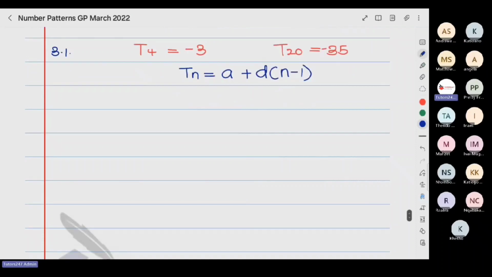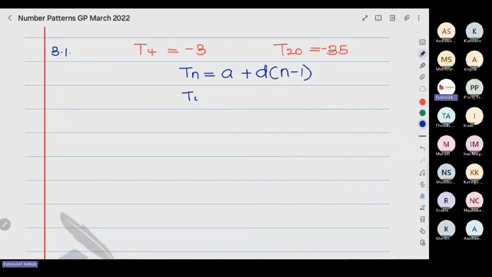So term 4 is equal to A, which is unknown, plus D, which is unknown, into 4 minus 1. Take note that all I've done is substitute n equals 4. From here, I will substitute the value of term 4, which is -3, and we have A plus D into 3.